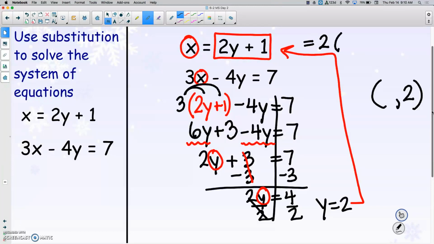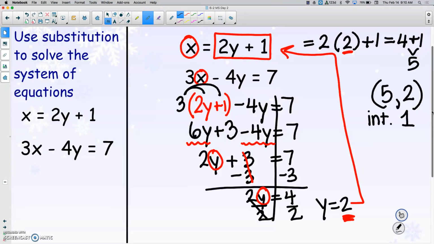So 2 times 2. Y, right here at the bottom, y is 2. So there's where I'm putting it. So 2 times 2 plus 1. 2 times 2 is 4. 4 plus 1 is 5. So the x-coordinate is 5. So these lines intersect. There's one solution, and that solution is 5, 2.